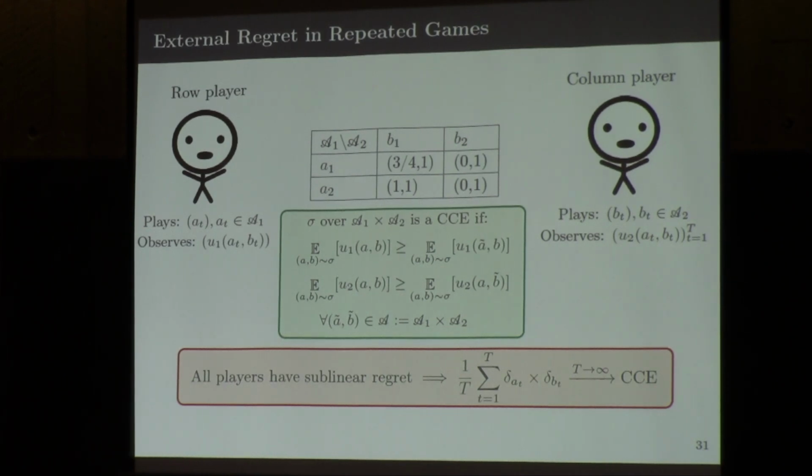And again, if all players have sublinear regret, they play according to a zero regret algorithm, then the average play converges to a coarse correlated equilibrium. That's a well-known result. What we want to understand here is what happens if all players have sublinear policy regret? What kind of equilibrium do we converge to, if any?